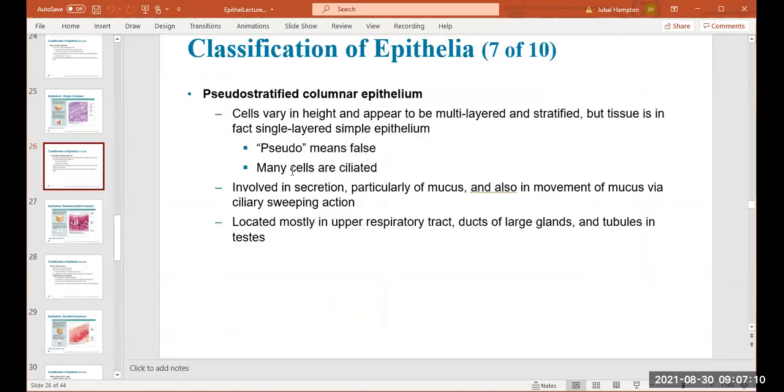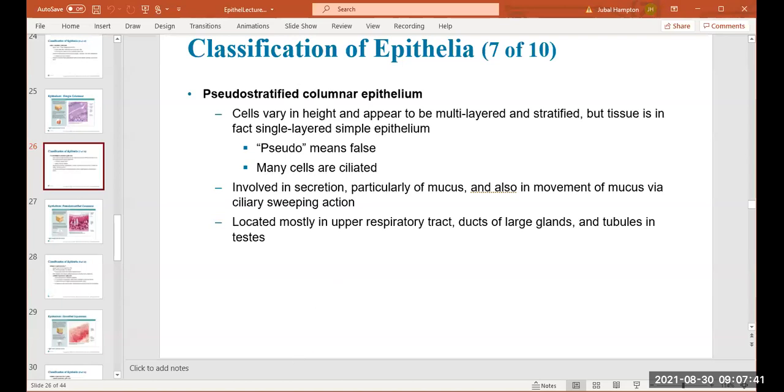Okay. My favorite. This again is my personal favorite tissue, pseudostratified ciliated columnar epithelium. Many cells are ciliated, but you always include that in the name. So please make a note if you're writing this down that it's not just pseudostratified columnar epithelium, but it is pseudostratified ciliated columnar epithelium.